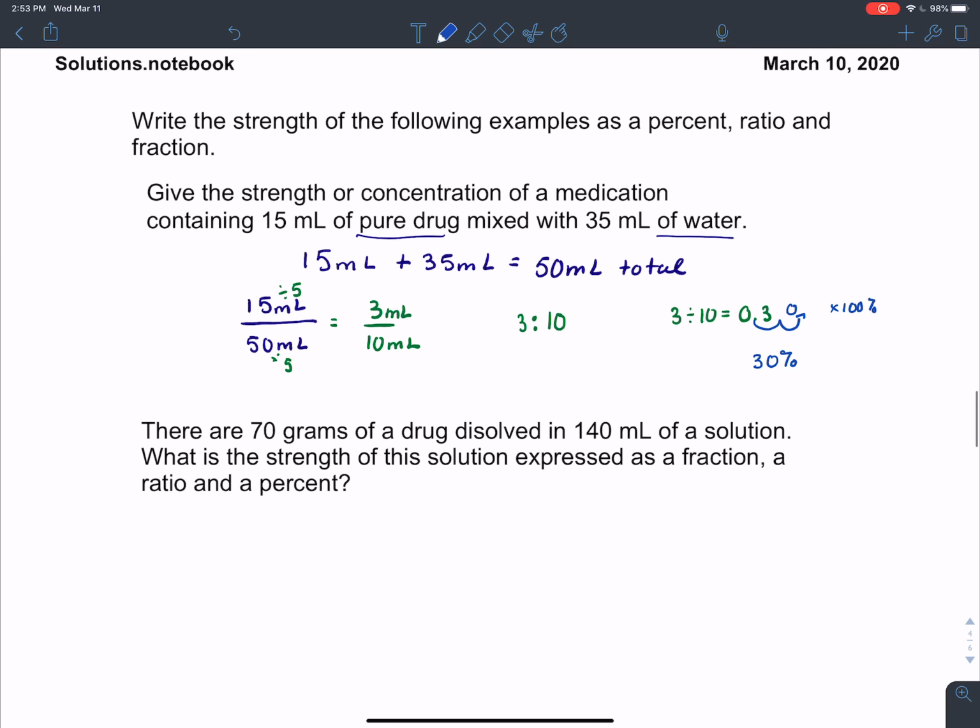If we look at this next example, it says there are 70 grams of a drug dissolved in 140 milliliters of a solution. What is the strength of this solution expressed as a fraction, a ratio, and a percent? So the drug will always go in the numerator, and in this case we know it's a solid because it's the 70 grams over our total solution, which is 140 milliliters.